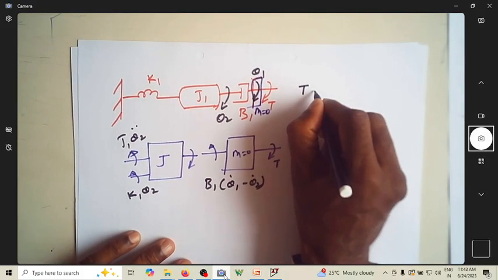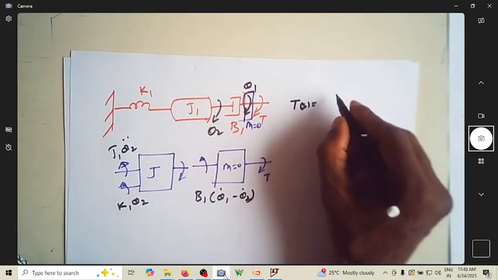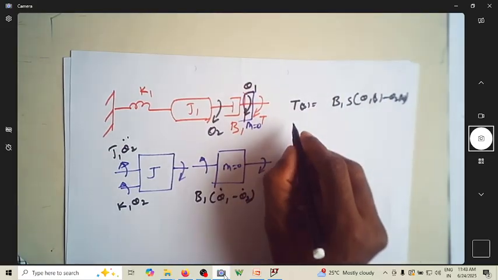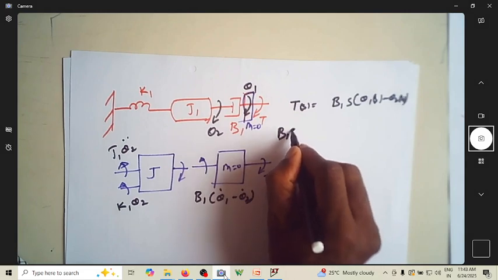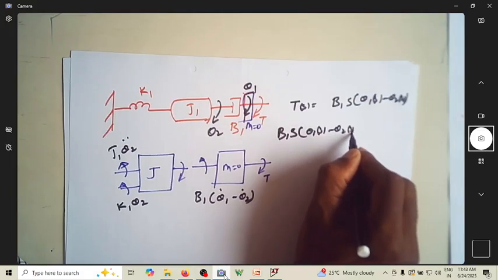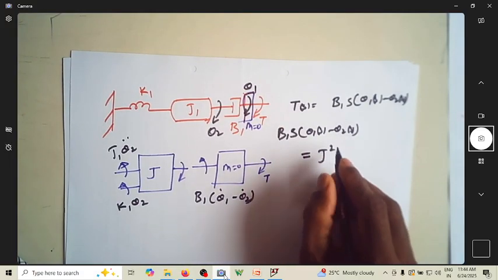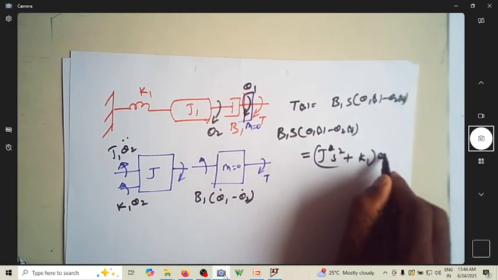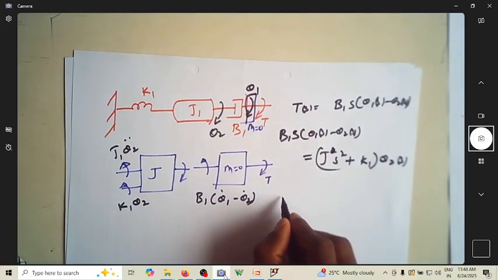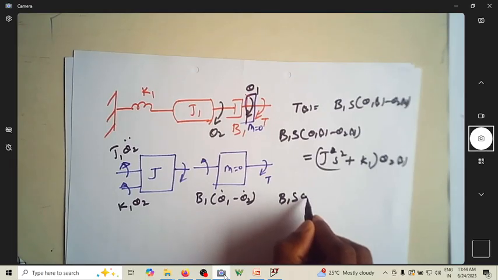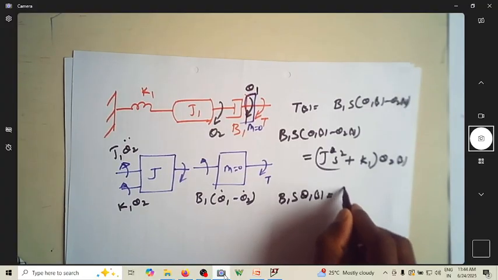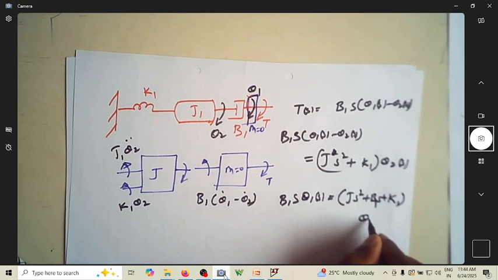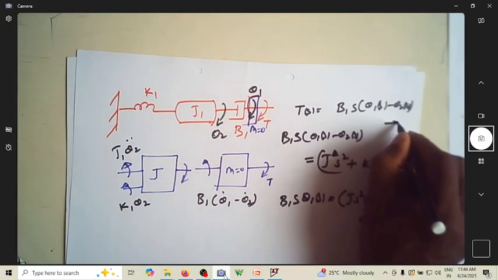The torque T of S is given by, the opposing force is B1 S (theta 1 of S minus theta 2 of S), and this will be the acting force, B1 S (theta 1 of S minus theta 2 of S) is equal to (J S square plus K1) theta 2 of S. So this equation ultimately comes as B1 S theta 1 of S is equal to (J S square plus B1 S plus K1) theta 2 of S. So this is equation number 2. This is equation number 1.